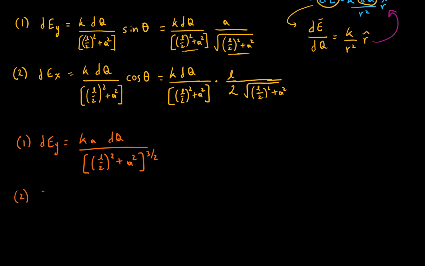Similarly, for the x component, this will be k times L dq over 2 multiplied by L over 2 squared plus a squared to the 3/2 power. And now we've done the most important part. We have our two differential equations to describe the electric field. So we'll move on to the next step in the next video.